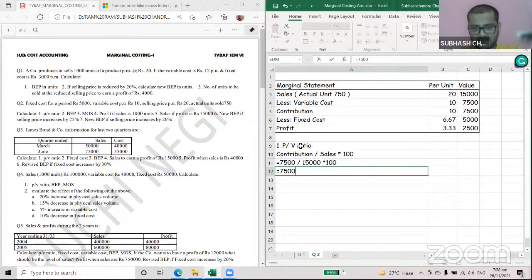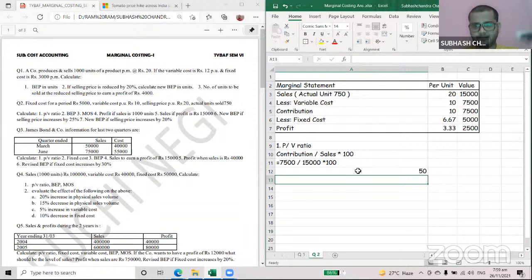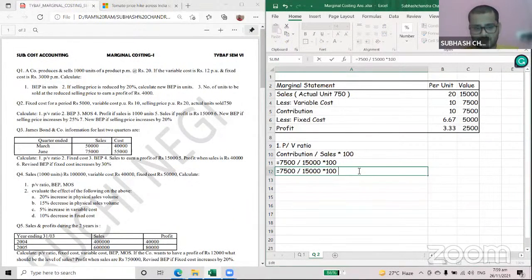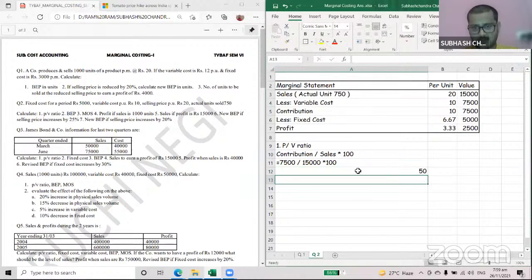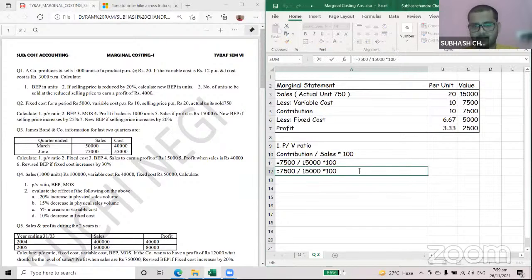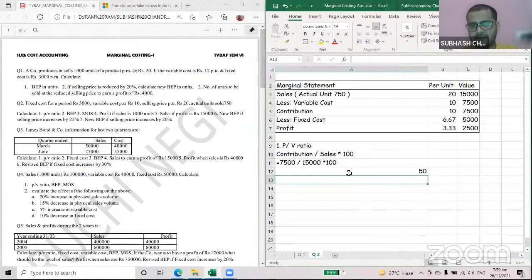Yes, can anyone tell me? 50. Yes, so you must be getting 50%. Ayushi, very good. Anjali Patkar, very good. So our answer will be PV ratio is equal to 50%.